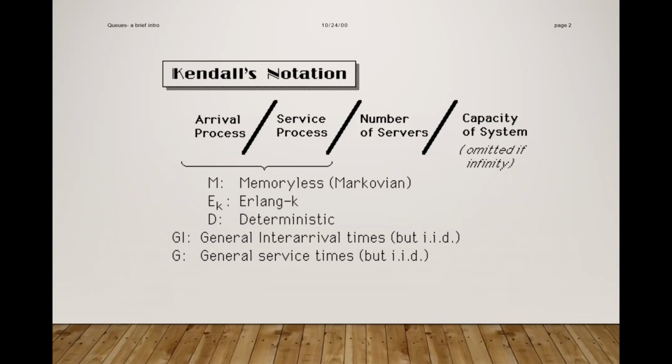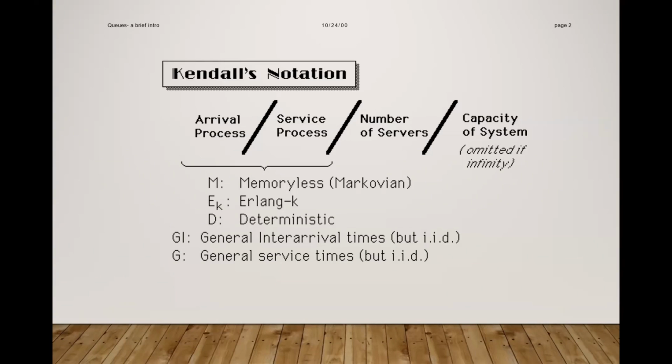And of course, when you enter the system, if someone is already being served at the moment, then you have to wait in the queue. But if the server is empty or unoccupied, not currently serving a customer, then you go directly to the server.